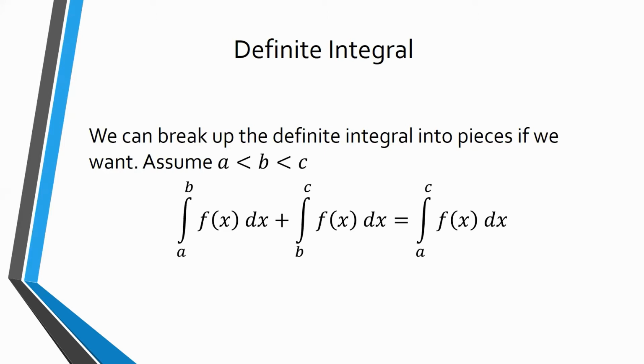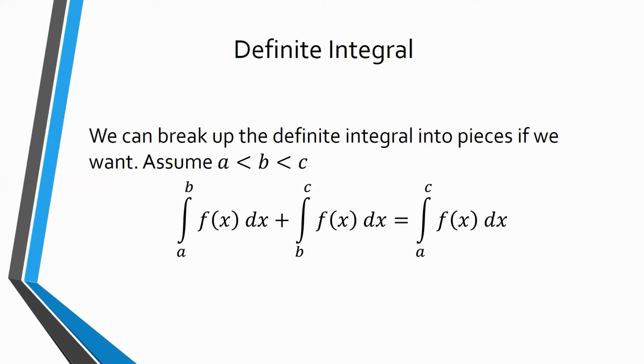You can integrate from A to B, and then integrate from B to C. And what you've done is found the integral from A to C. This is what we were doing in the previous problems. We were calculating one triangle's signed area, calculating another triangle's signed area, and then adding them up.